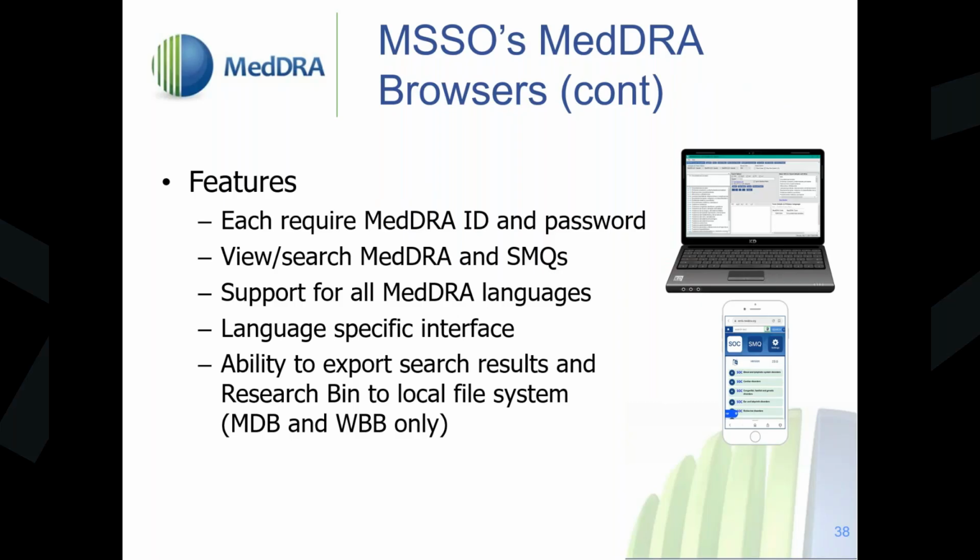You can conduct searches across all the different available MedDRA languages. You can choose the language of your interface to whichever language you're comfortable with, and you're able to export search results with the exception of the mobile browser. The mobile browser is not an app. It's just a link that is designed to be viewed on a mobile screen. So the output of it is designed for a mobile screen, but it's not an app.